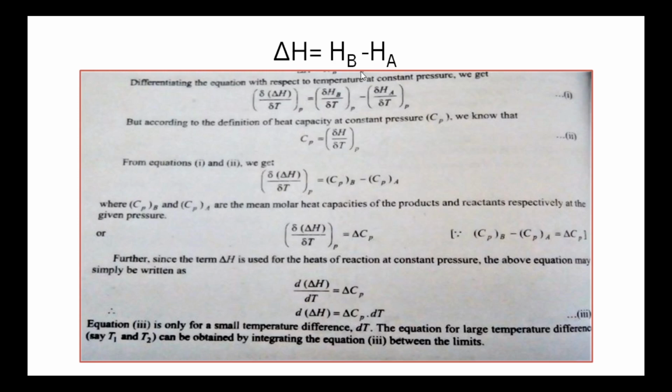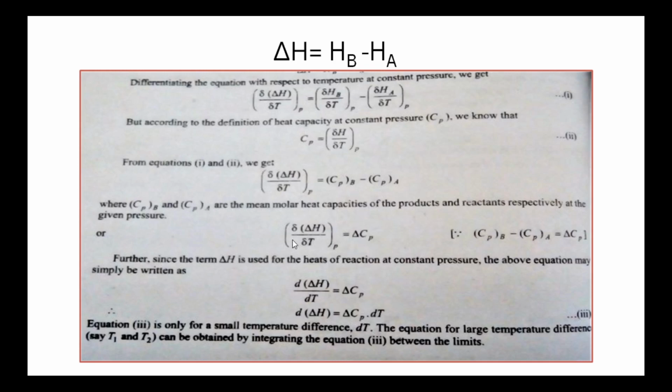Differentiating this equation with respect to temperature at constant pressure, we get delta H by delta T at P is equal to delta HB by delta T at P minus delta HA by delta T at P. But according to the definition of heat capacity at constant pressure, we know that Cp is equal to delta H by delta T at P. So this can be written as Cp of B minus Cp of A. Hence this equation 1 becomes delta H by delta T at P is equal to Cp of B minus Cp of A. But this is also known as delta Cp.